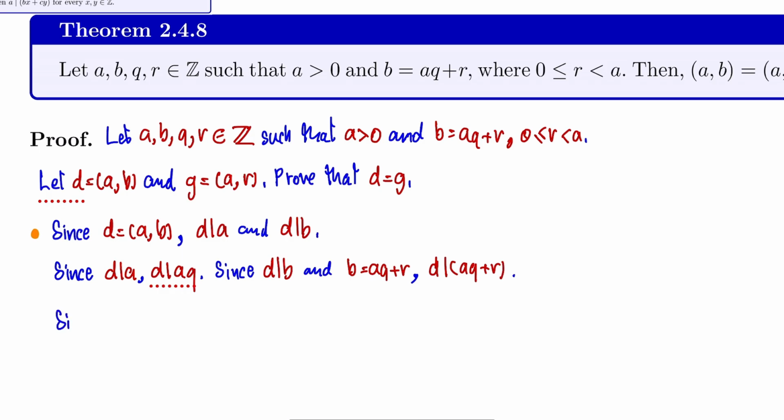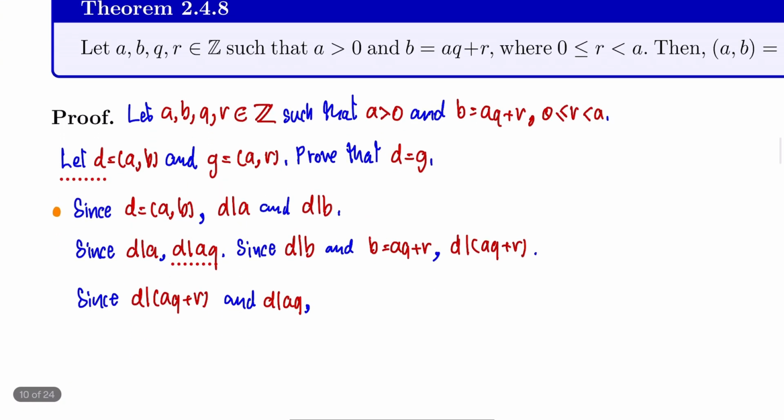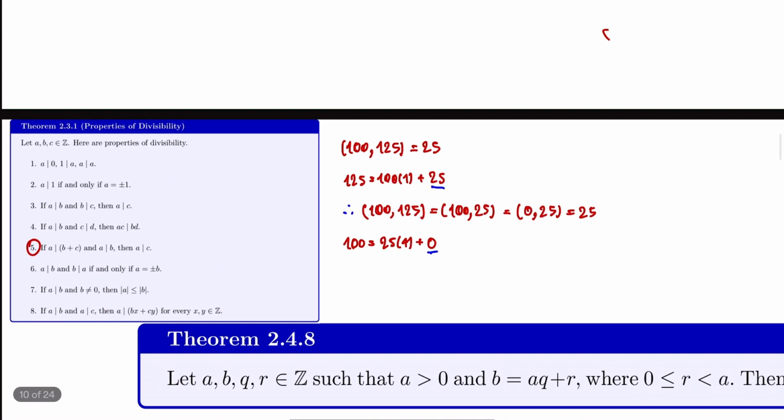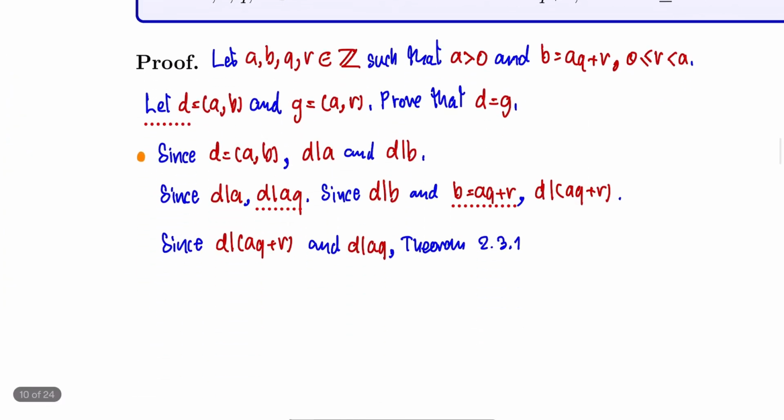And since d divides aq plus r and d divides aq, we use theorem 2.3.1, property number 5.